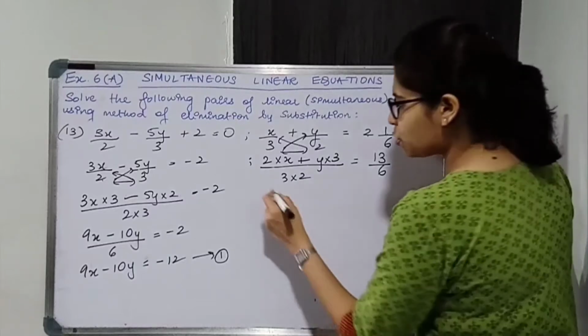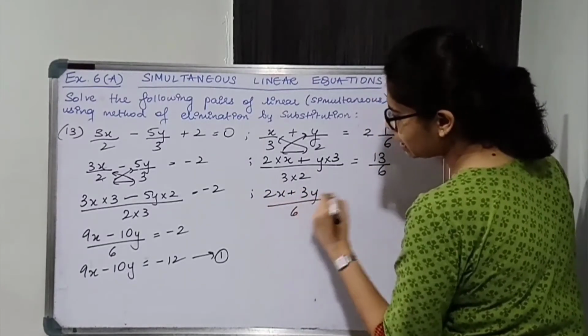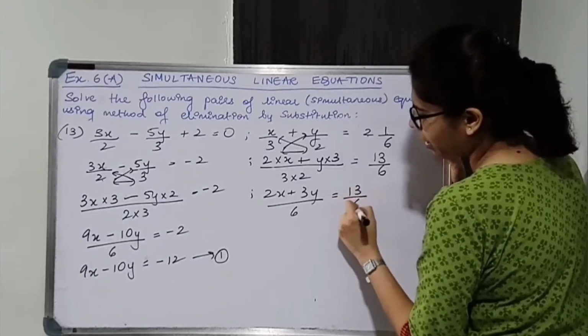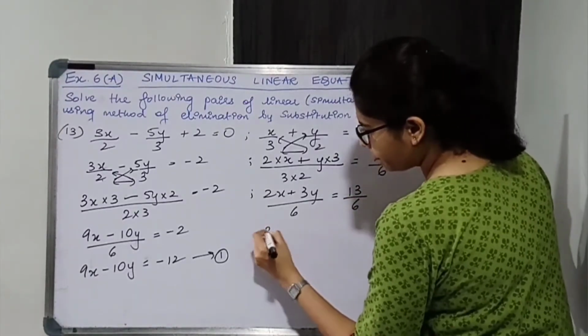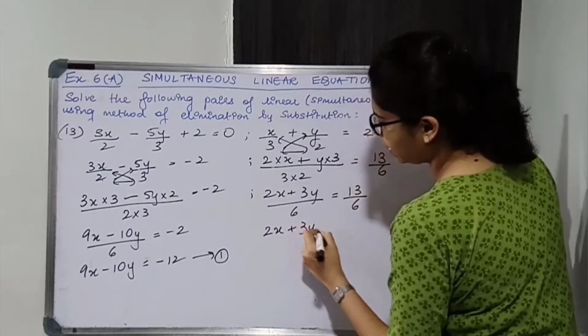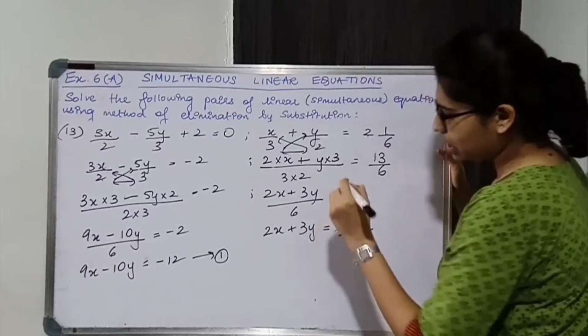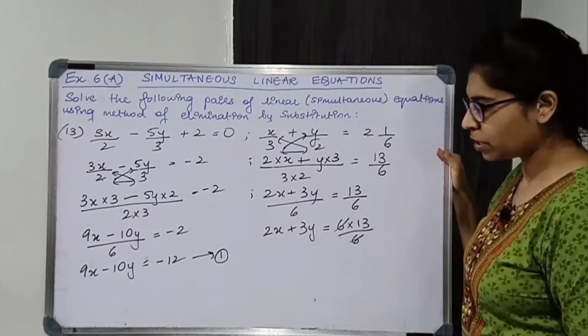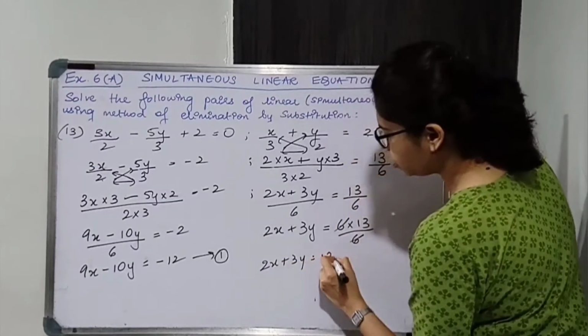Okay, so this will become 2x plus 3y by 6 is equal to 13 by 6. Okay, so 2x plus 3y is equal to 6 into 13 by 6, 6 cancel हो जाएगा. Okay, so 2x plus 3y is equal to 13.